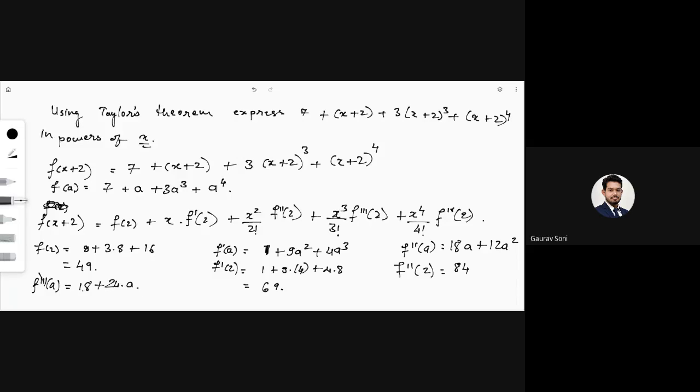At 2 that is 66. This is f triple dash at 2. Fourth derivative at a is equal to 24.